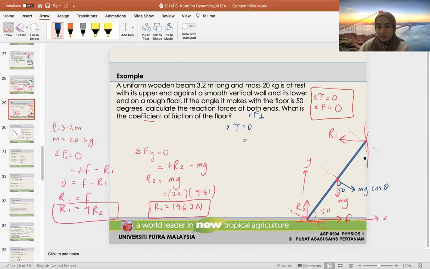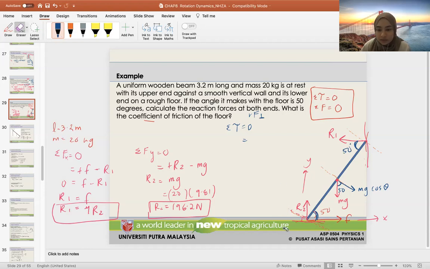Where is the other theta? If you guys can see here, we have a Z shape here. So this angle is 50, and this one should also be 50. That's another angle. What should be the angle over here?